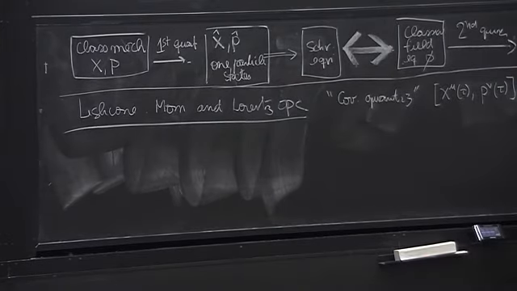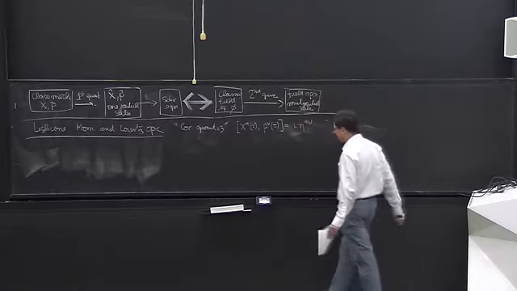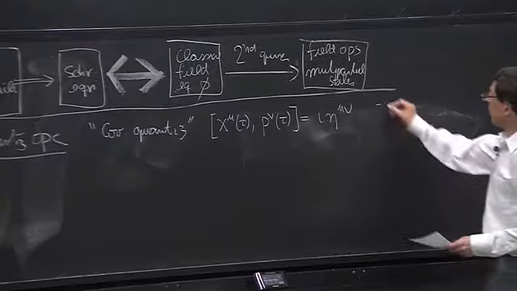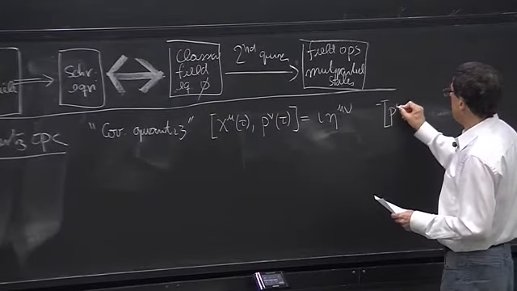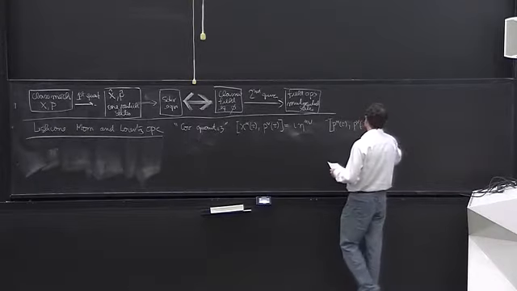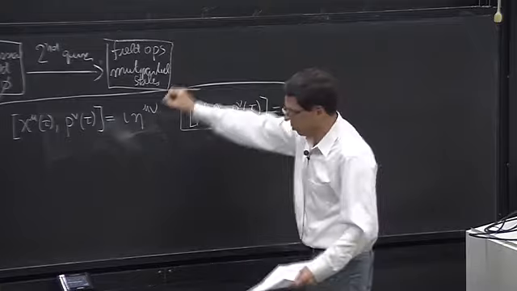It's a funny thing, but nevertheless, in covariant quantization, you would write this. And you would also say that p mu of tau, p nu of tau, the momenta commute and the coordinates commute, but in particular, the momenta commute.